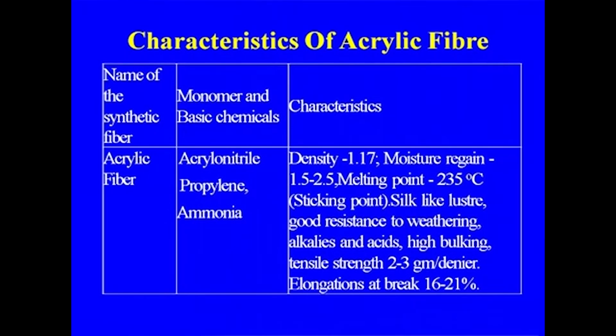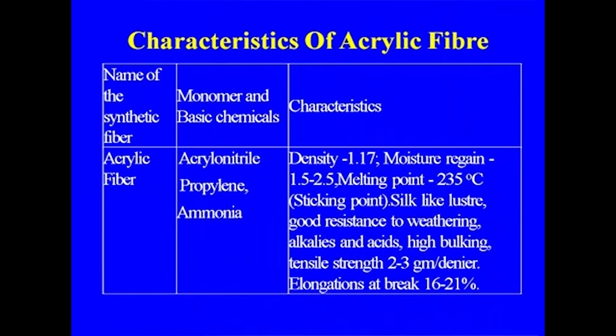And the characteristics are: density 1.17, moisture regain 1.5 to 2.5, melting point around 235 degrees centigrade, silk like luster, good resistance to weathering, alkalis and acids, and high bulking, which is a property of woolen material also.